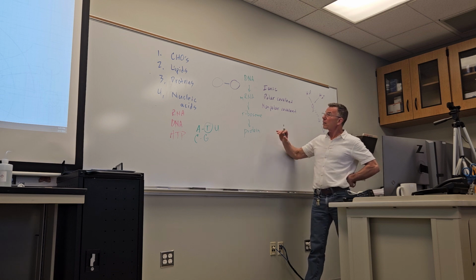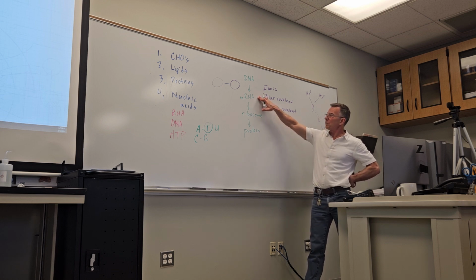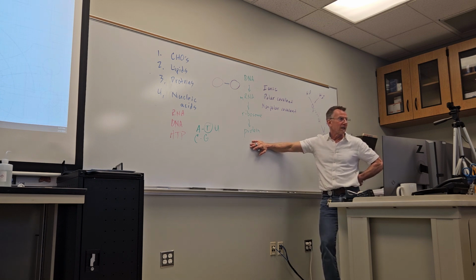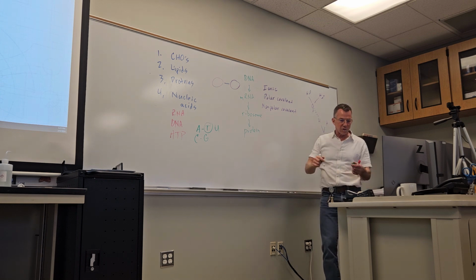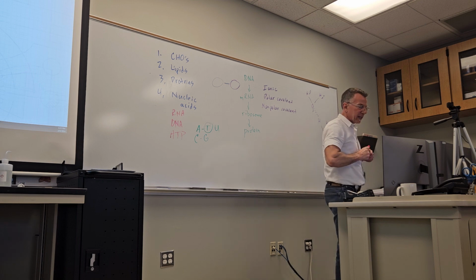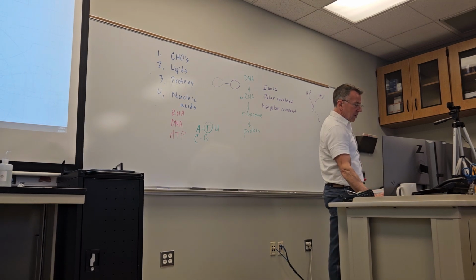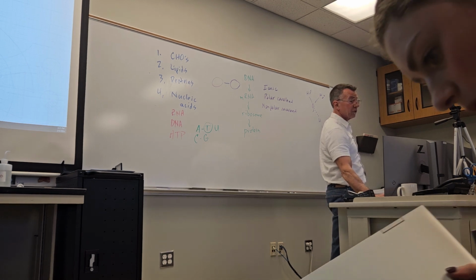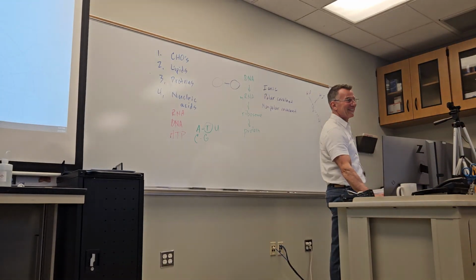And then what do we call that process of taking the recipe on the messenger RNA and turning it into a protein? Translation. Transcription and translation. So there's base pairing, there's transcription and translation, and that is chapter 2. Seems so much easier now, huh?